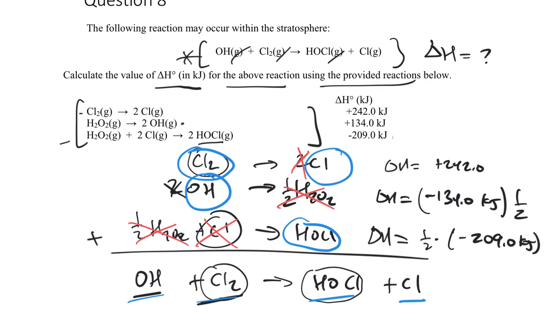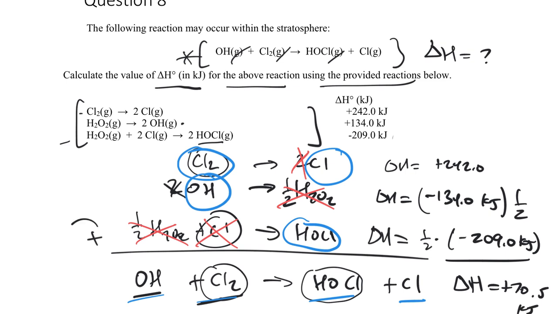And so now I just need to add up 242.0 plus 134 negative times a half, and then plus 0.5 times 209 negative, and I get plus 70.5 kJ.